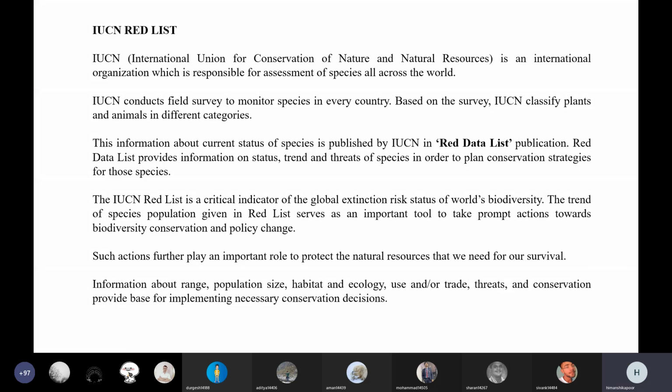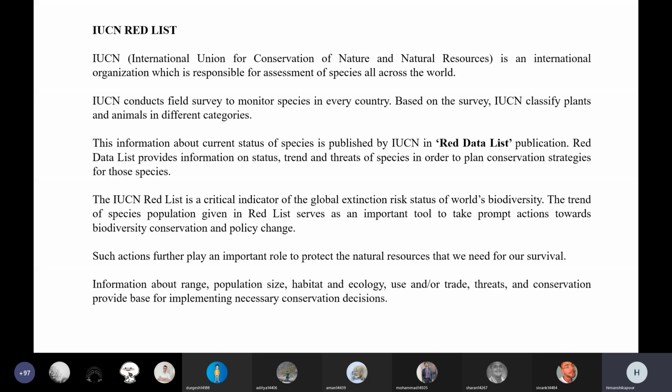So International Union for Conservation of Nature and Natural Resources, it was established in the year 1964, and it has evolved to become the world's most comprehensive information source on the global extinction risk status of animal, fungus, and plant species. So it is giving us comprehensive information as well as global extinction risk. So IUCN publishes red data list.